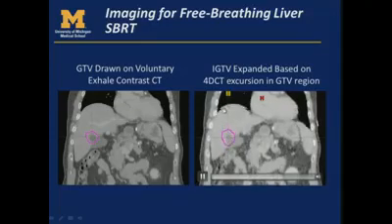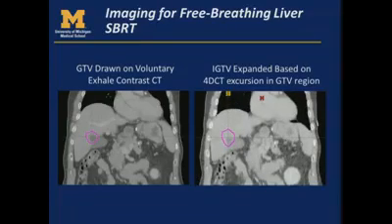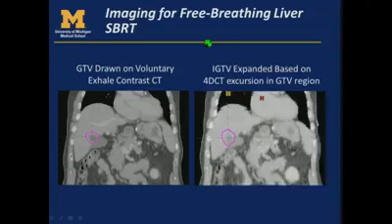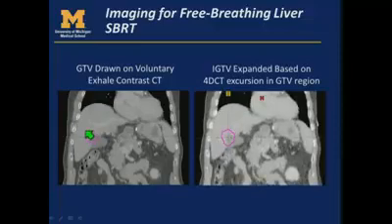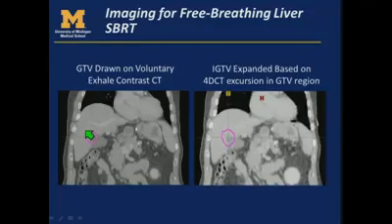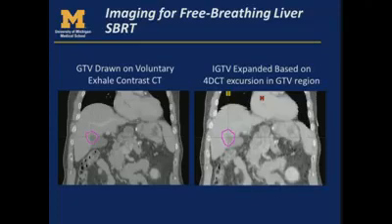This is one of the probably rare liver tumors where you can see the tumor on the 4D CT. You'll be able to appreciate that our ITV is obviously going to be a little bit bigger than our GTV, so potentially increasing the risk for treating additional normal tissue as your motion magnitude gets bigger and bigger.